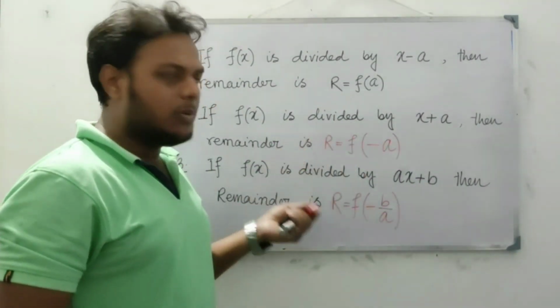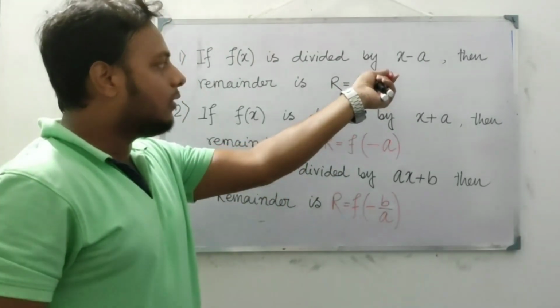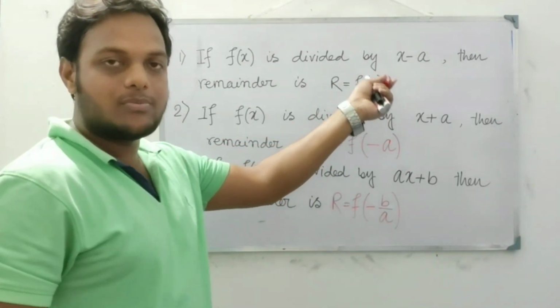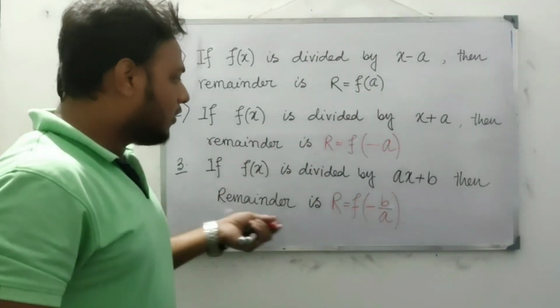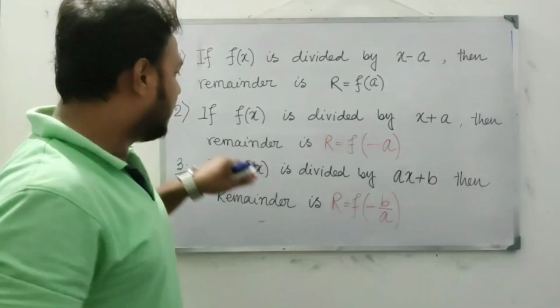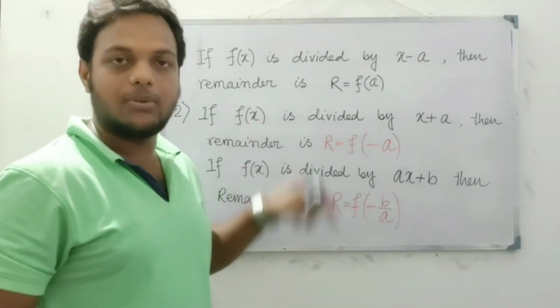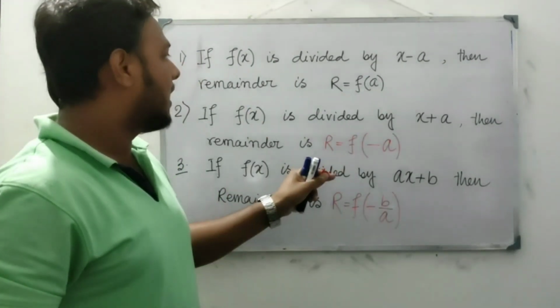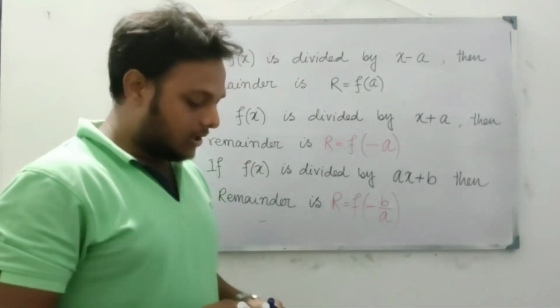No need to memorize this part; easily you can get the value of x, that is, which value you have to put. Clear? So these three results you have to memorize, and you have to prove the second and third in a similar way to how I proved the first one. Okay, next.